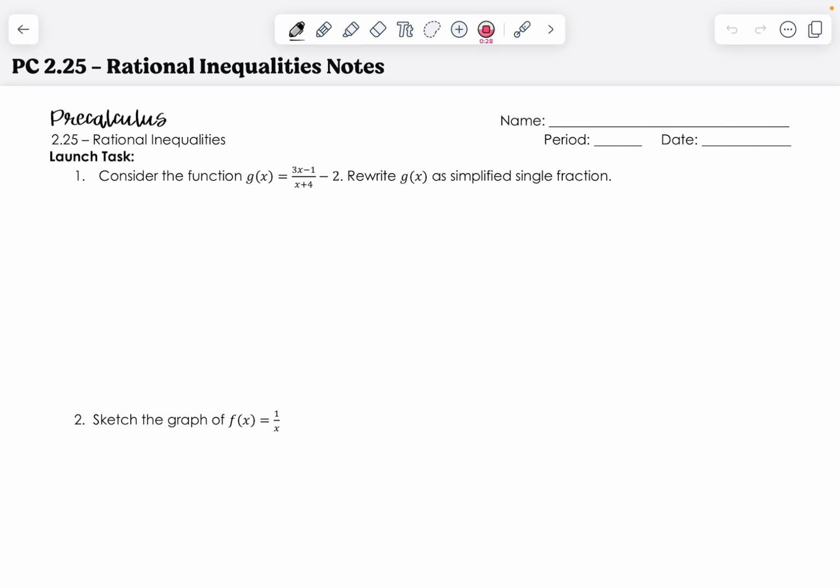This says, consider the function g of x equals 3x minus 1 over x plus 4 minus 2. It says, rewrite g of x as a simplified single fraction. So this is what we did earlier in the unit. So the common denominator is going to be x plus 4.